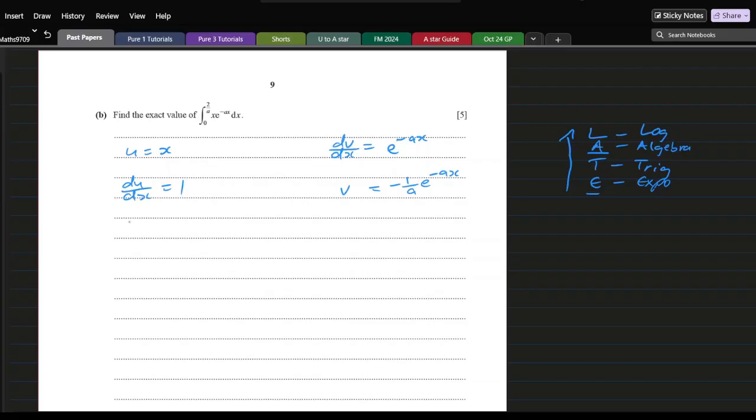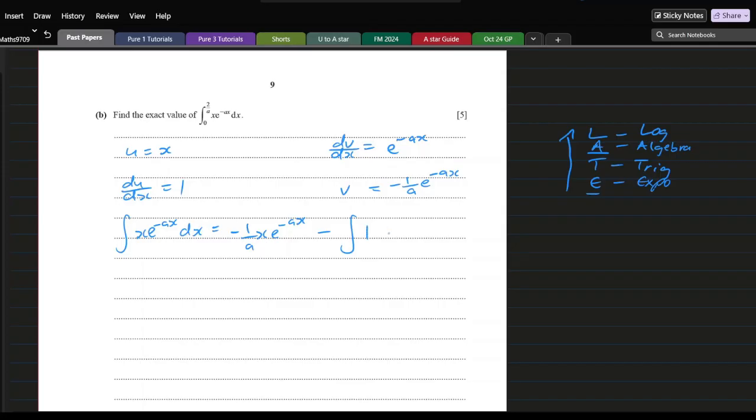Alright, so we can write this as the integral, I'm going to ignore our limits for now, of x e to the negative ax with respect to x is equal to uv. So that's negative 1 over a x e to the negative ax minus the integral of v du.